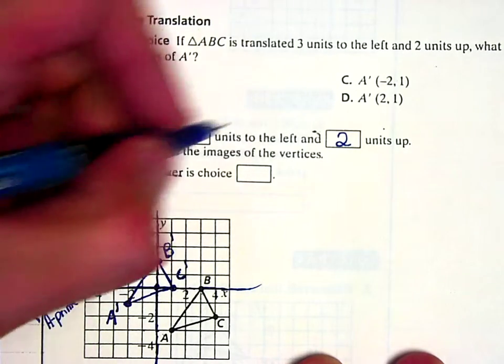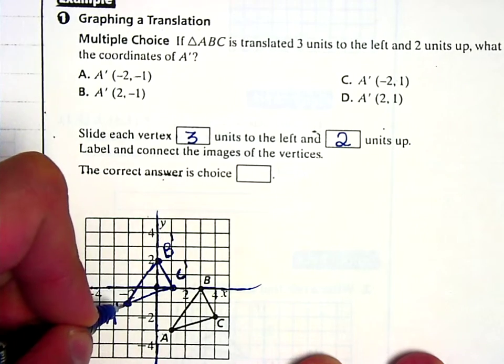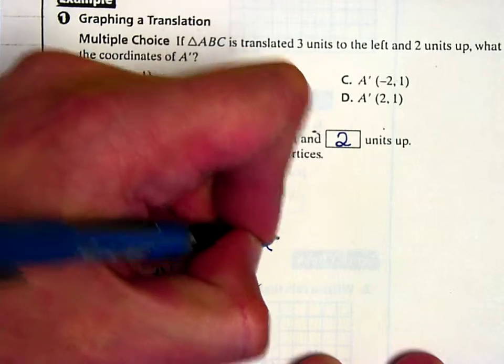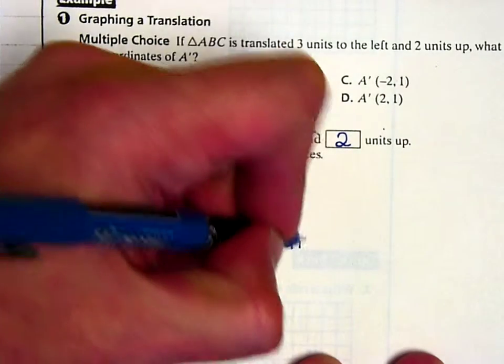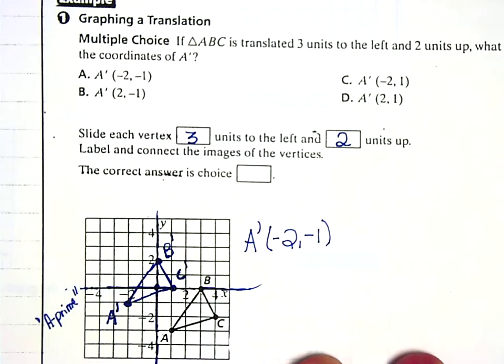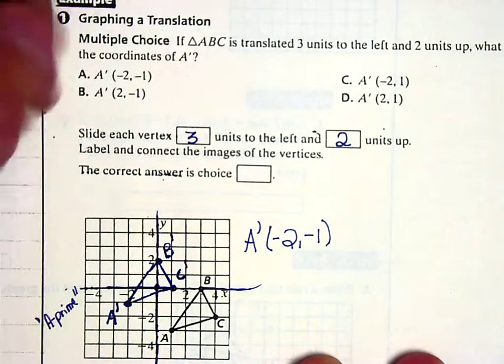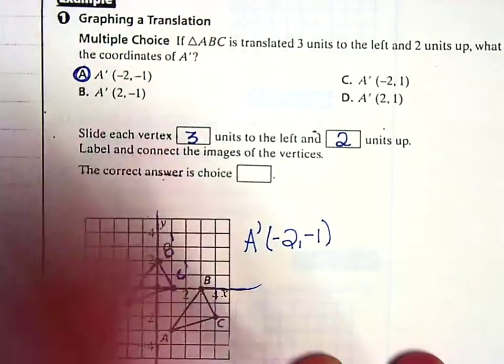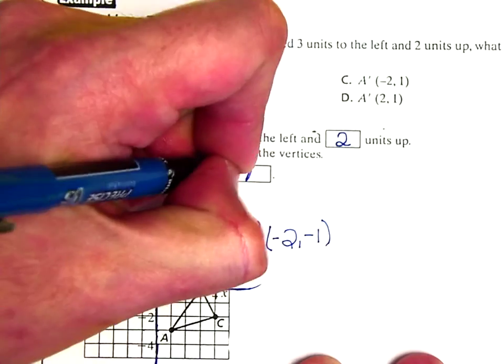That's -2. Then I'm going to go 1 step down. So A prime is at -2 steps to the left and -1 step down on the y-axis. Now I've got to find the answer above that matches that. A prime, -2, -1. My first choice right here. So that's exactly what I pick.